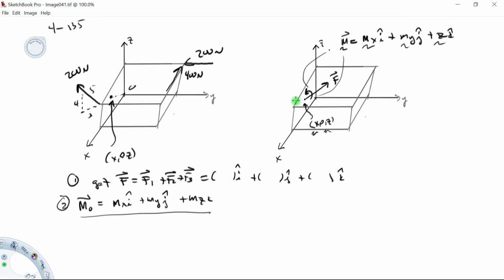And what we can do then is express this moment vector a slightly different way. It has some magnitude, I'm just going to call that capital M, and then times a direction. And the direction is the same as this force vector. So I'm going to call this, let's say, a force unit vector here. So take this force vector, divide its magnitude out, and you will have a unit vector in this direction.